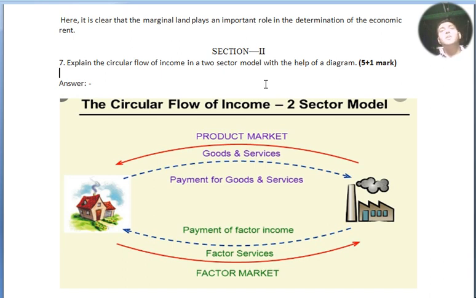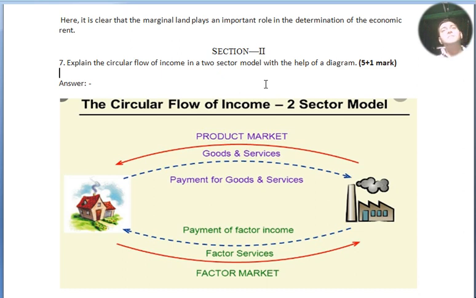In between, production, product market, goods and services. Payment for goods and services is made for the product made by the industry for the household. Goods and services are being taken by the household from the industry or firm.